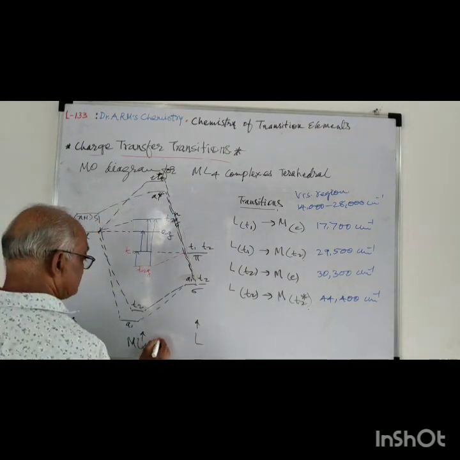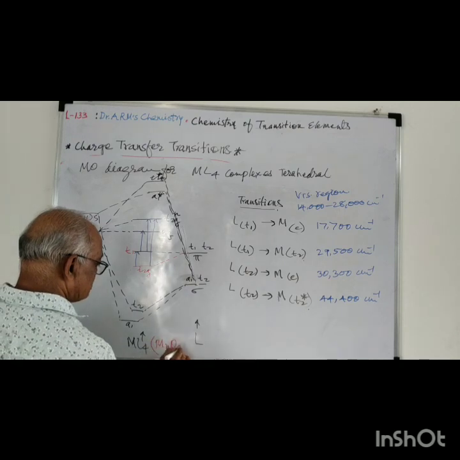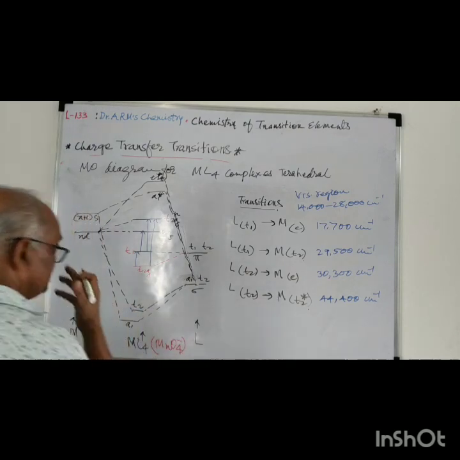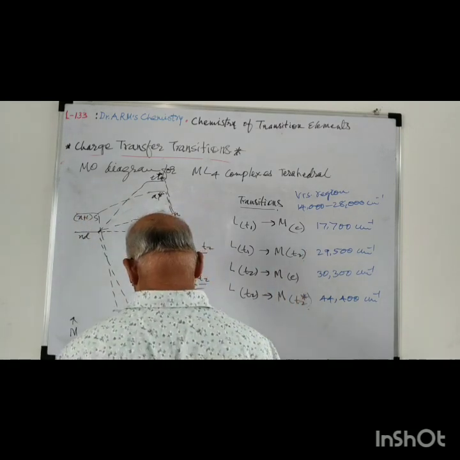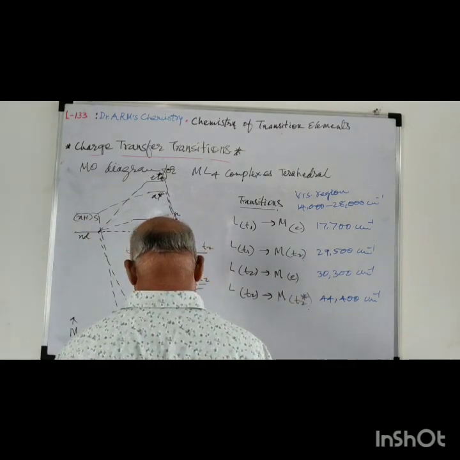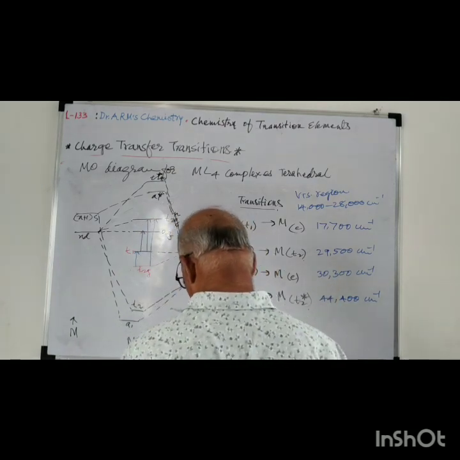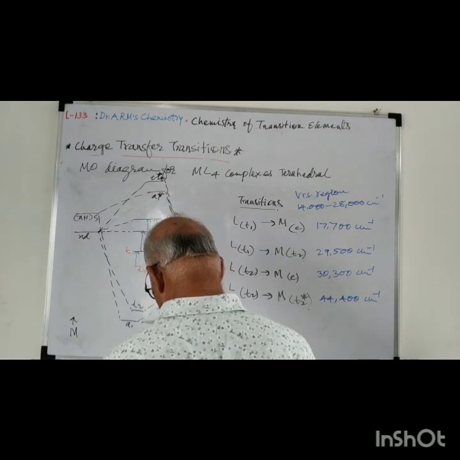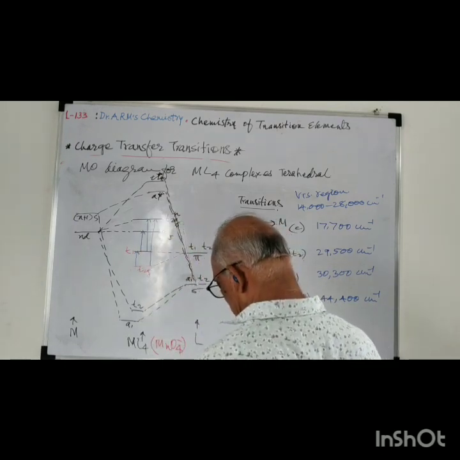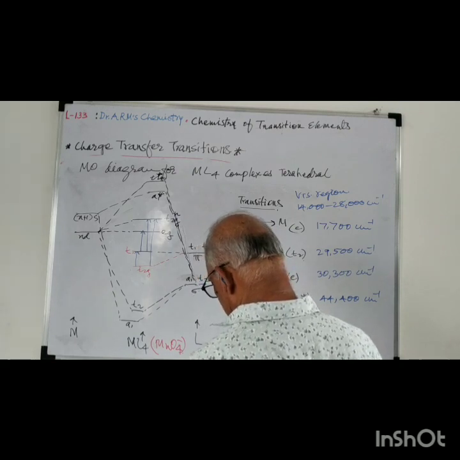If we see this example specifically for MnO4 minus, you will find that this transition occurs specifically for the T1 type, that is T1 to E type of transition.